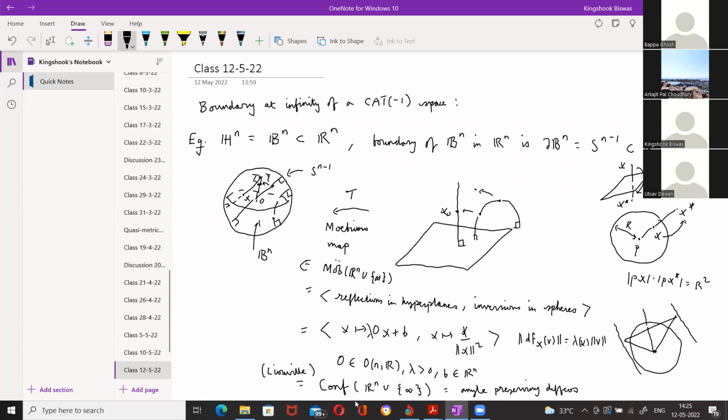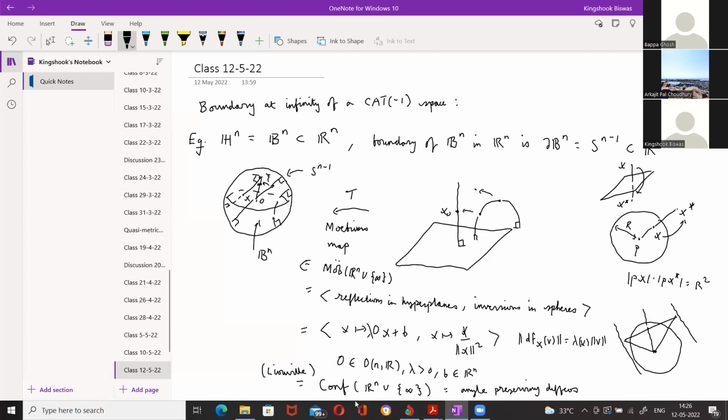So this is just Euclidean geometry that we're doing about these Mobius maps, inversions and so on. Using this description of geodesics, it's easy to see that for any point Xi on the boundary sphere and for any point X inside, there exists a unique geodesic ray joining X to Xi.